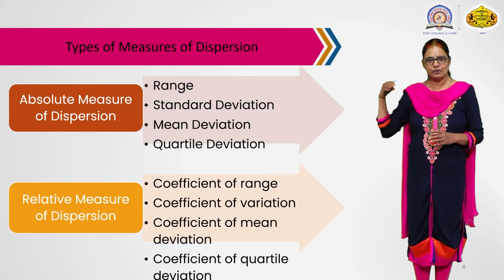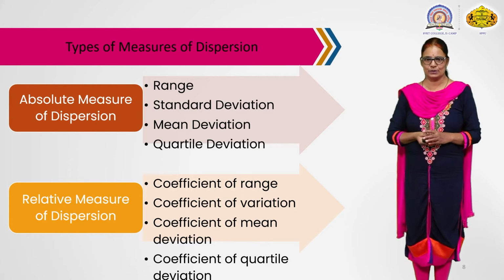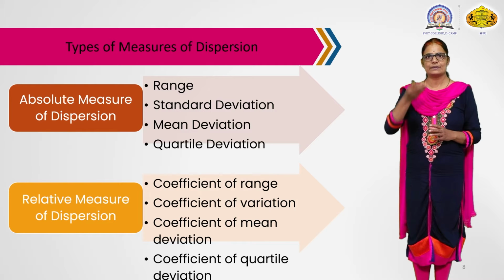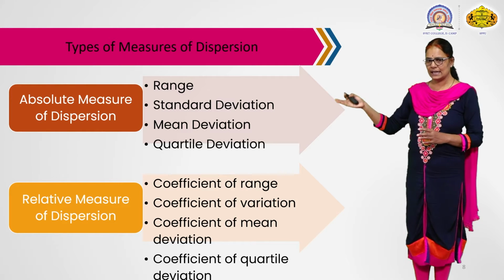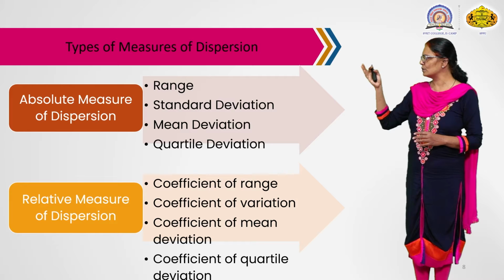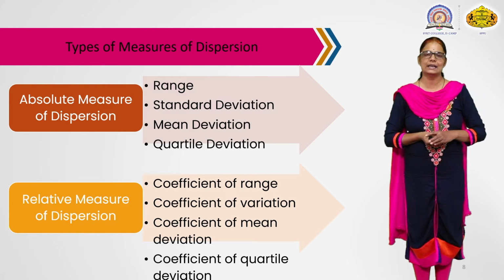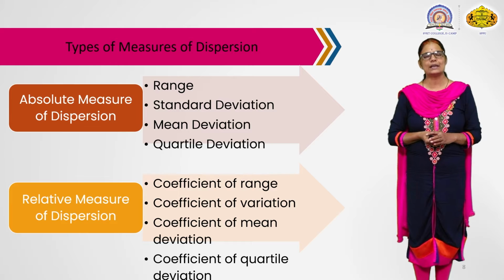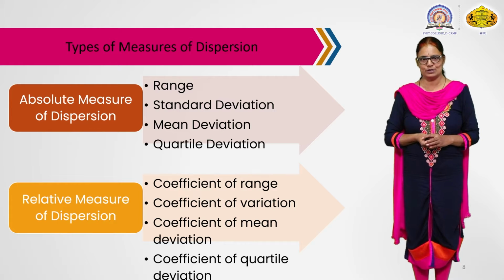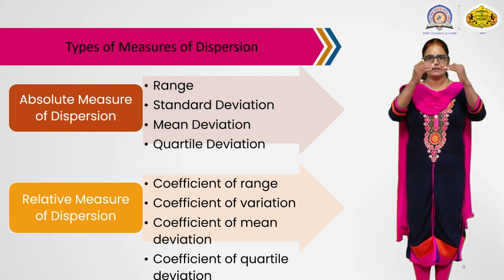And there are four types of relative measure of dispersion. First one is coefficient of range, second is coefficient of variation, then coefficient of mean deviation, and coefficient of quartile deviation. So these are the types of relative measure of dispersion. What is the difference between these two?